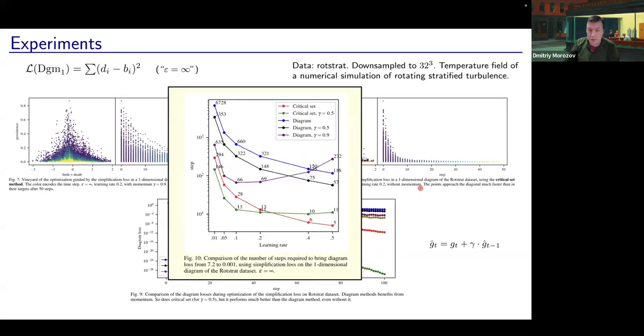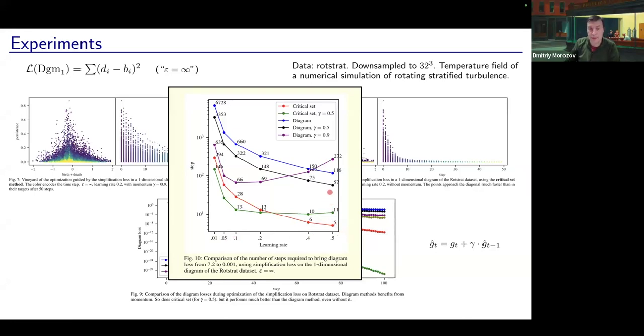One more thing: if you work with optimization, you know that a perennial problem is that there are lots of hyperparameters to tune. If you're doing gradient descent, you have to decide how big a step you're taking. What this plot shows is how many steps you have to take to reach some prescribed loss value. The point is that the critical set method does this a lot better, and it's a lot less sensitive to hyperparameter tuning, namely the learning rate.